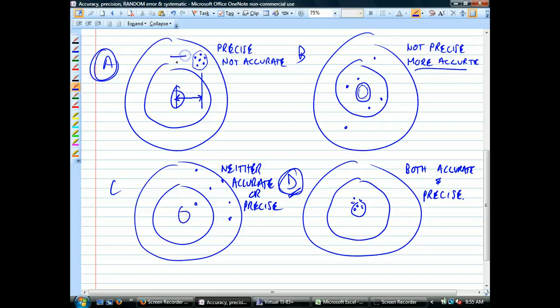They might have to shift their sights down a little bit and a little bit to the left. If they do that, they'll be right in the target, just like competitor D. Now this type of error, which you can correct by adjusting your sights, or in an experiment by zeroing our balance, for example, is called systematic error.